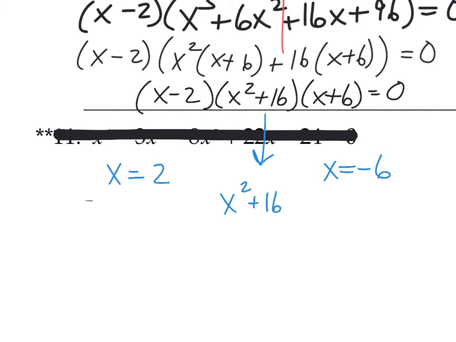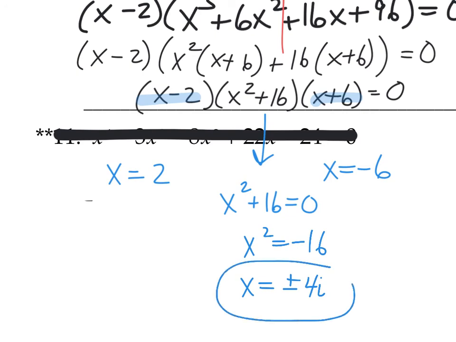Remember, we're setting each of these factors equal to 0. That leads us to just flip the signs when things are simple. But when things are more complicated, we may have to just slow ourselves down and go through the whole process. Subtract 16, and then we take the square root and get plus or minus 4i. So there's two solutions, positive 4i, negative 4i, and then negative 6 and positive 2 represent my two real solutions.